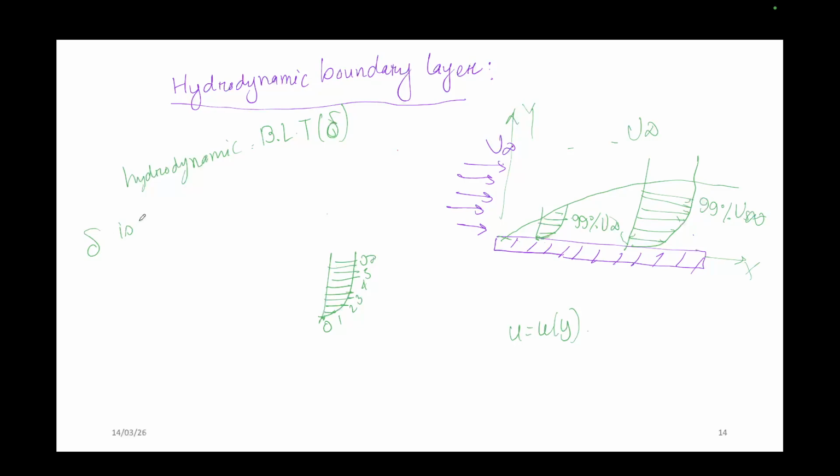This delta is defined only when u equals 0.99 U infinity, at y equal to delta. Meaning that if the fluid velocity is 99% of the free stream velocity at this region, that is the boundary layer thickness, and the boundary layer is forming. Initially the boundary layer is small, and as you move on, it grows.